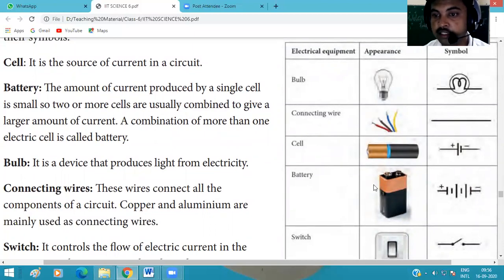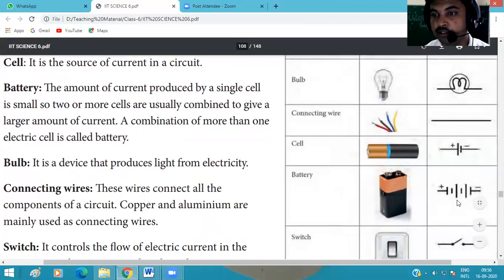In this battery two cells are present. In this picture we see there are three cells connected in this symbol.